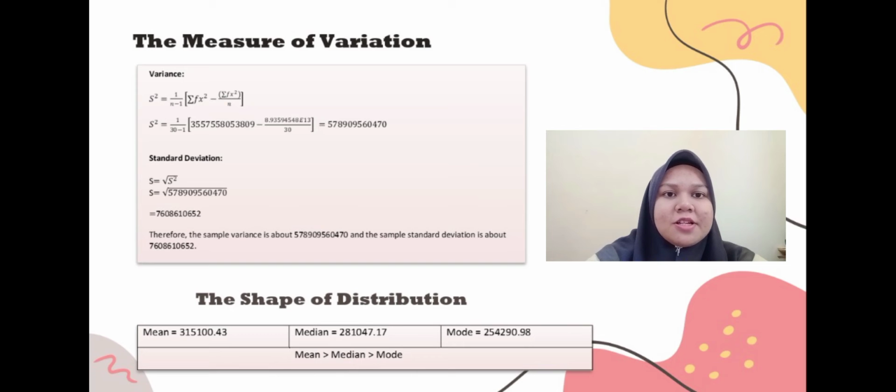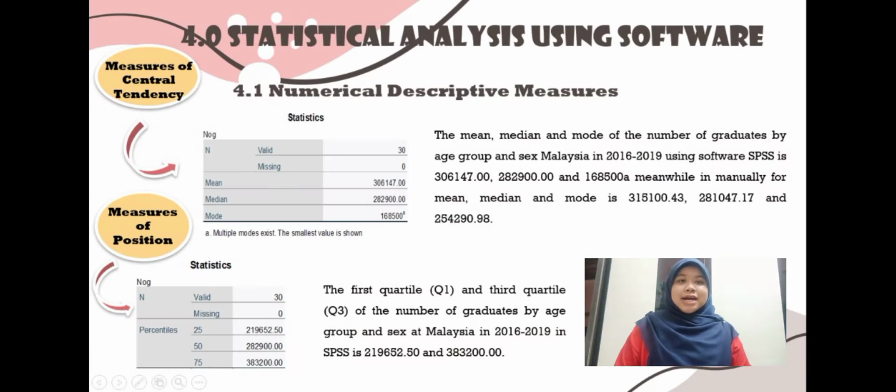Therefore, the sample variance is about 578,909,560,470, and the sample standard deviation is about 760,861.0652. 3.4 is the shape of distribution. First is the mean and the median. The last one is the mode.